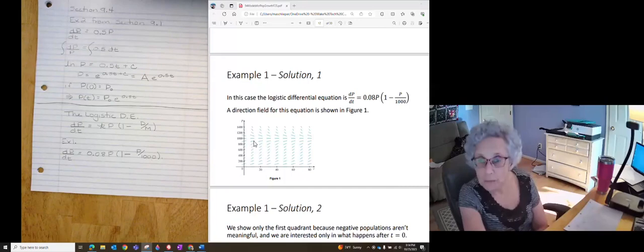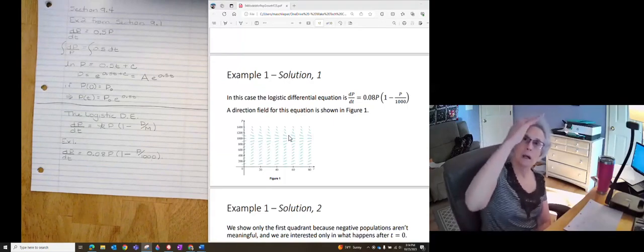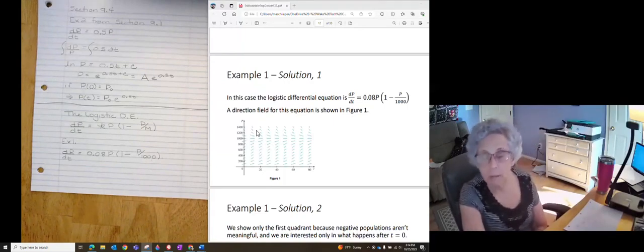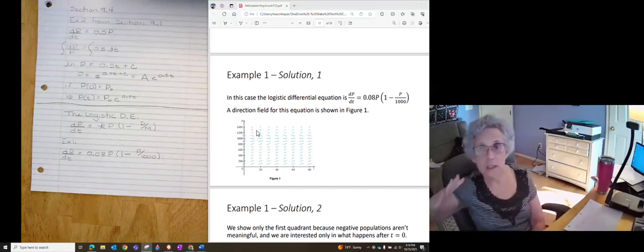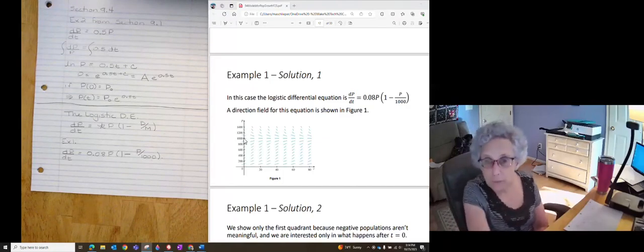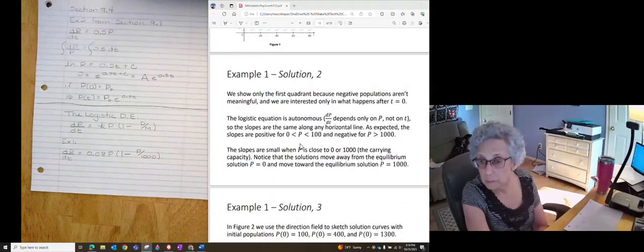If you have a population that's less than the carrying capacity, it wants to get there. If you somehow have a population that's bigger than the carrying capacity, it wants to decrease and get there. This is a stable equilibrium because it really wants to be there at 1,000.